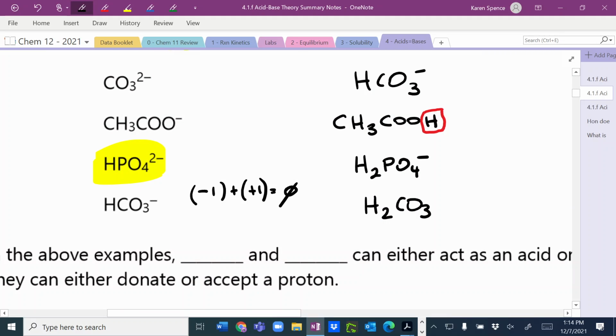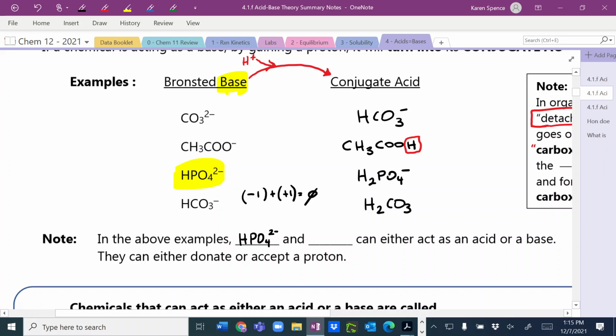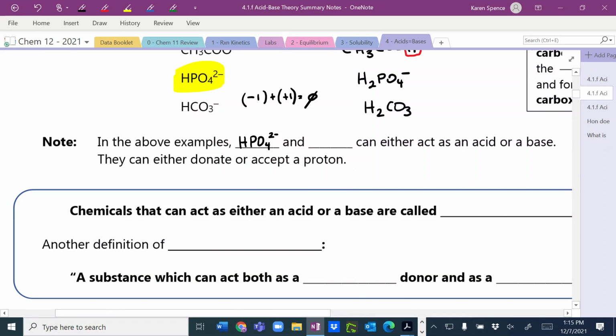Tell your partner, see if you can remember. Starts with an A. There was a picture to help you remember.